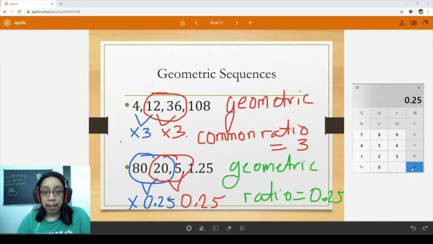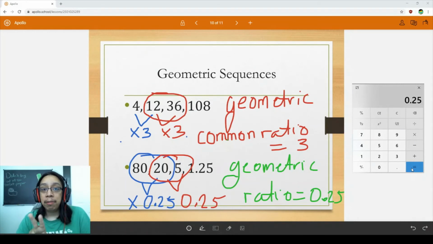So let's recap this. If they tell you that something is arithmetic, you only need to focus on addition and subtraction. If they tell you that something is geometric, you're going to be focusing on multiplication. Now, if you are having trouble finding the number you're multiplying by for a geometric sequence, the easiest way to figure that out is to take the first two numbers and divide them.